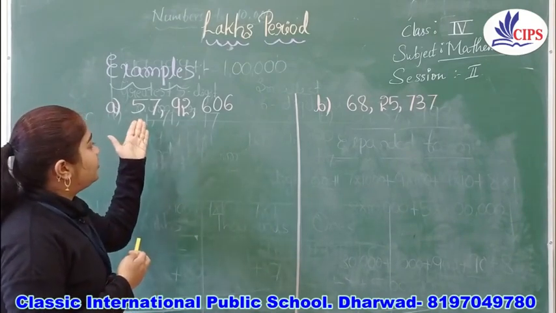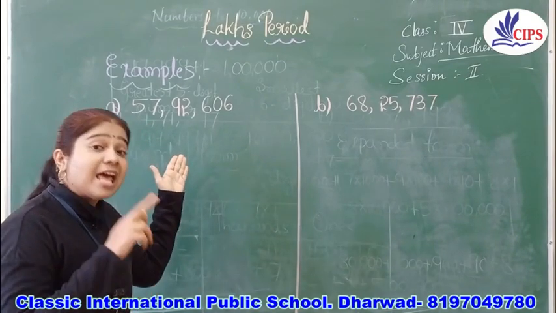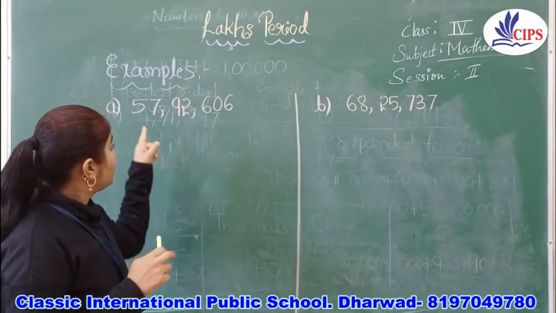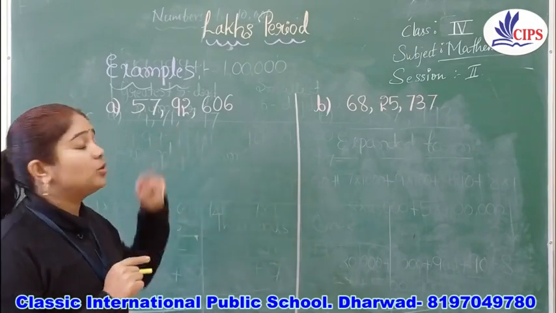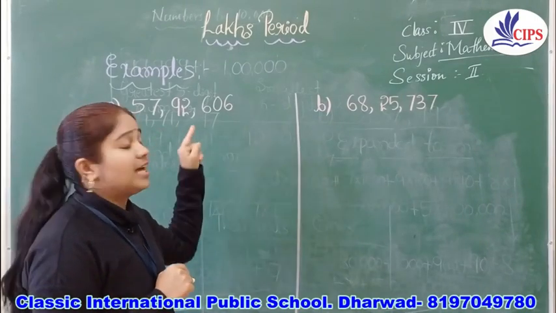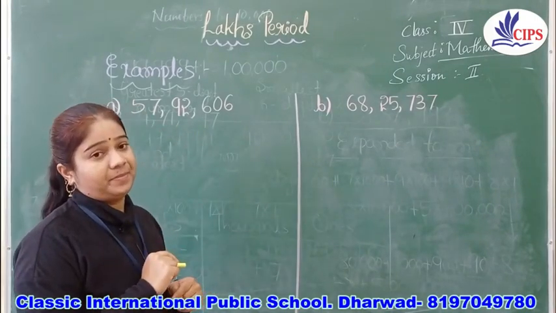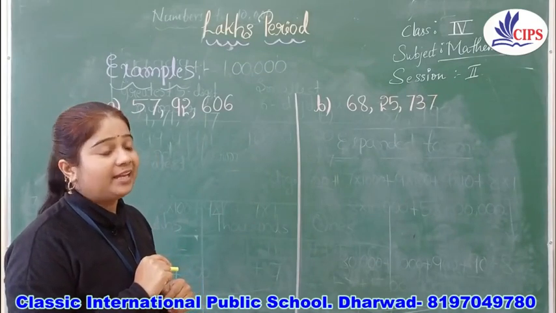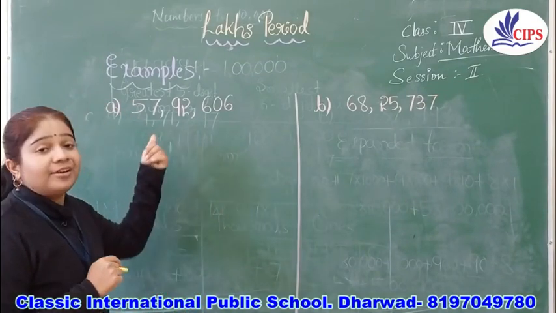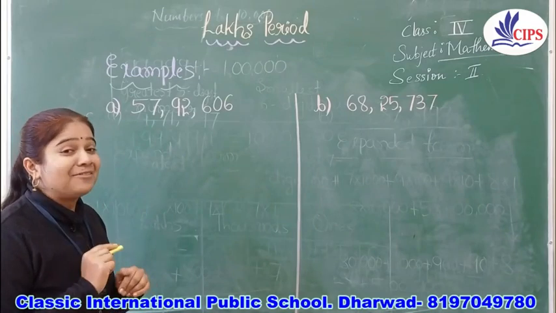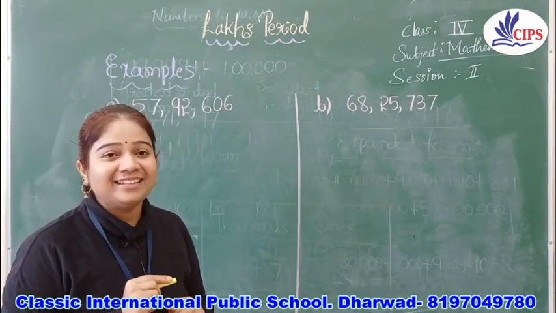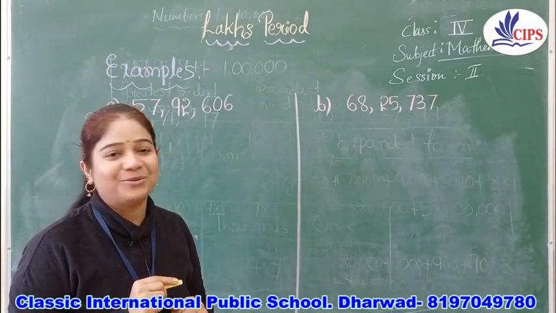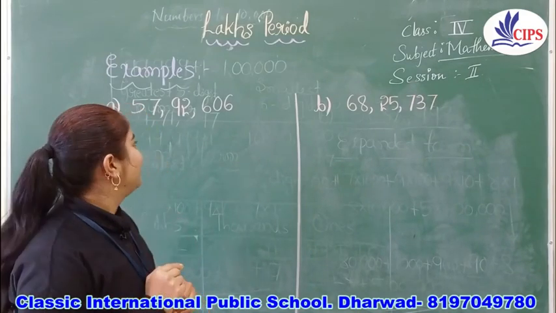It is 57 lakhs. What is it? 57 lakhs 92,606. Shall I repeat once again? 57,000. Is it right? No. Yes.